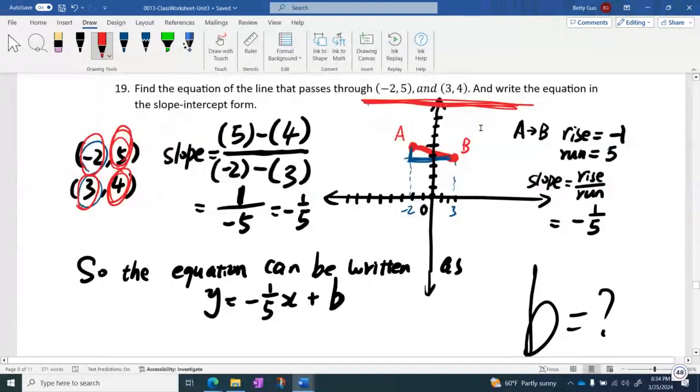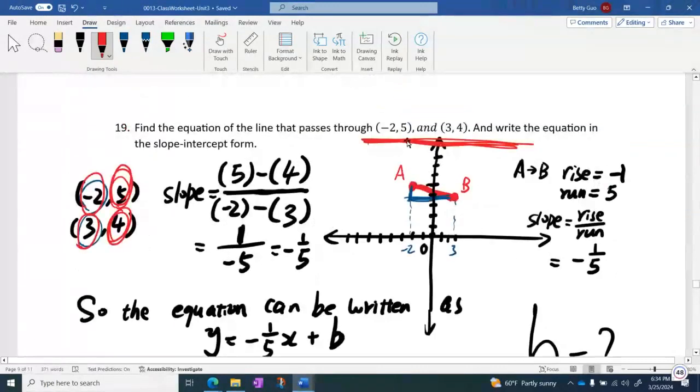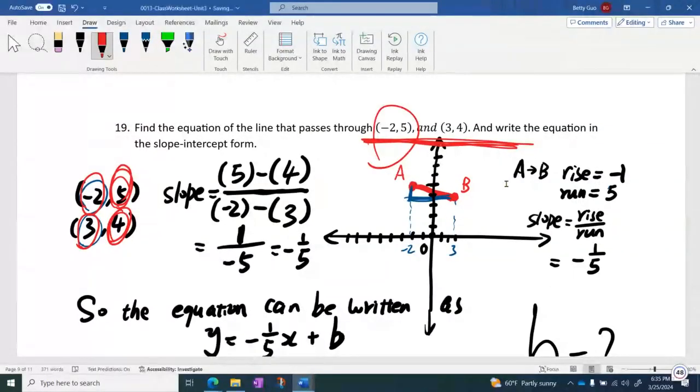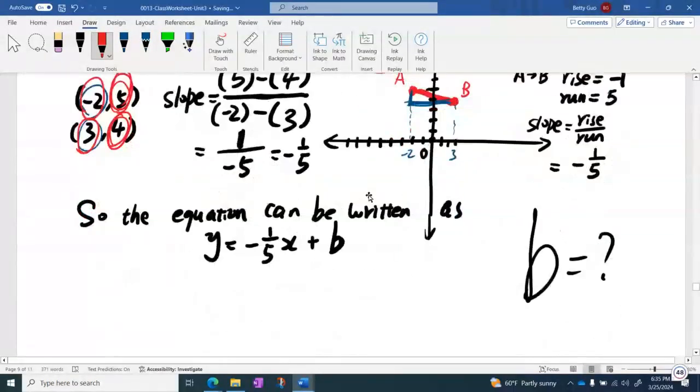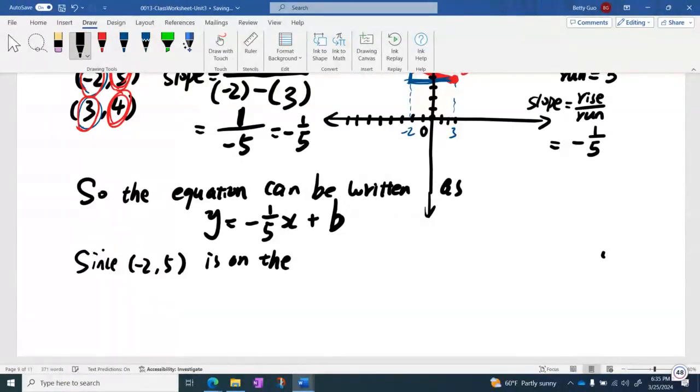I'm going to use -2, 5, I'm going to use this point. Either one would work, but I'm going to use -2, 5 since -2, 5 is on the line.